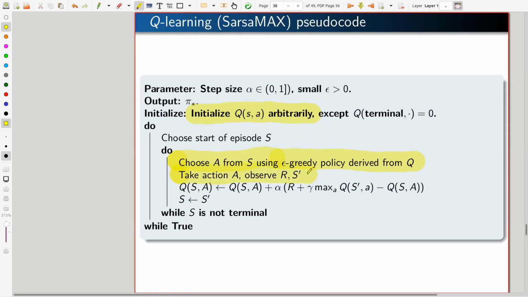Now form the target. Can you tell me in this target where is the difference from the usual target? Please point out the part which is different. The maximum over all the actions. Yes, this is new, right?